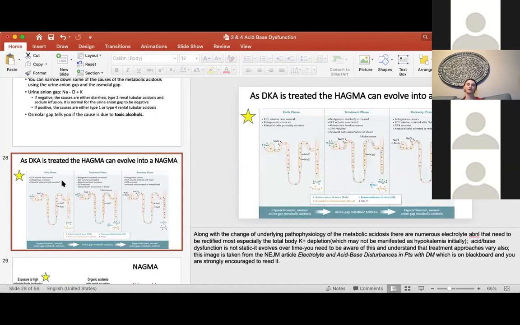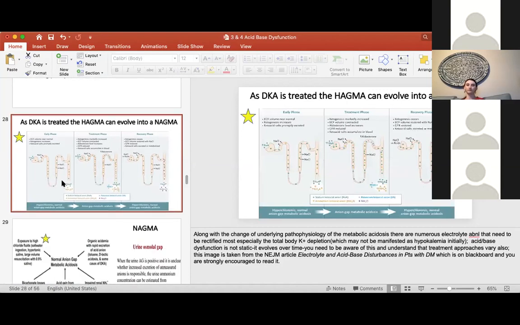Okay, this was really important. DKA, as it's treated and gets better, we're not losing as much chloride anymore, so it evolves into a NAGMA.